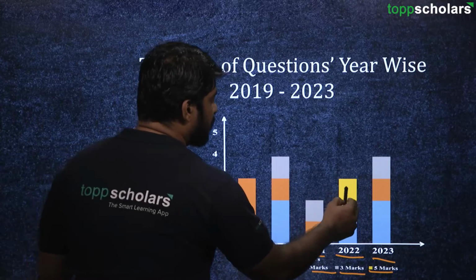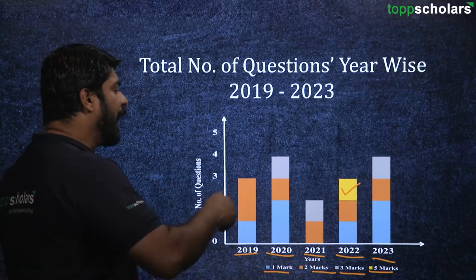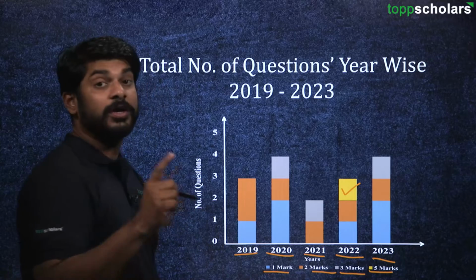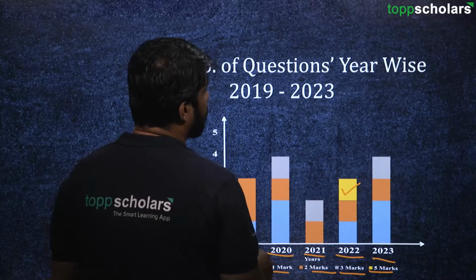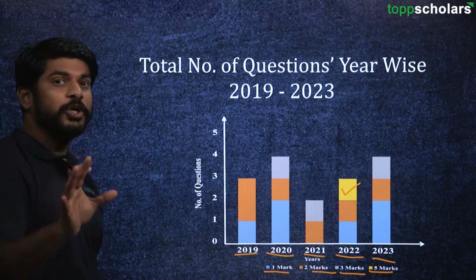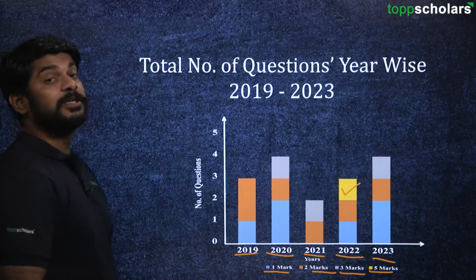Here you can see the yellow color, so in the year 2022, we had 1 question for 5 marks. This is another representation of the 5 years statistics for this particular chapter.